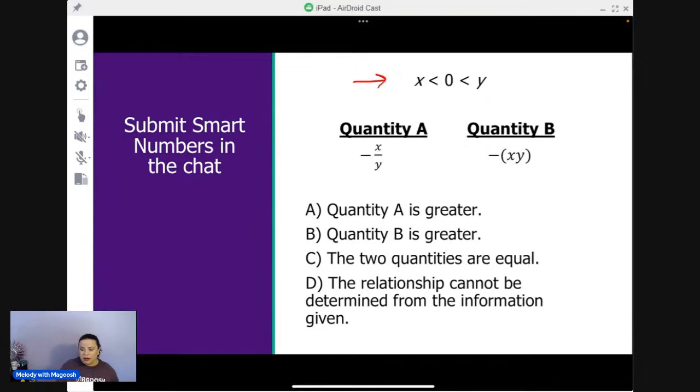While you're picking out your number, there's a great question in the chat. Is it always good to choose a number that's not equal on both sides? So before we chose like 50% and 50%. Not necessarily. Remember, we had the question where we had -1 for both R and T. Sometimes the number being the same can make things easy. Sometimes it doesn't work.